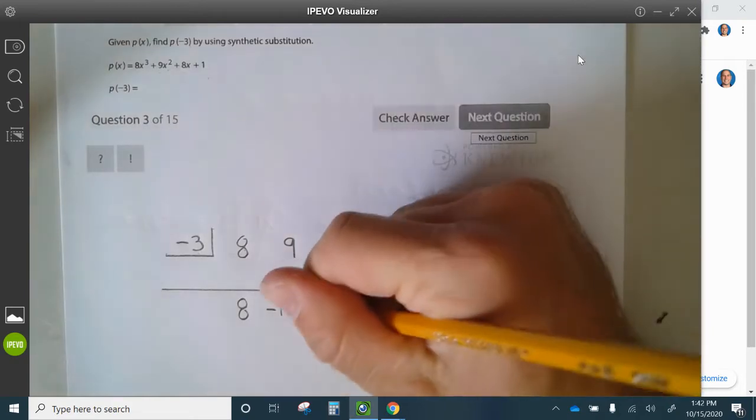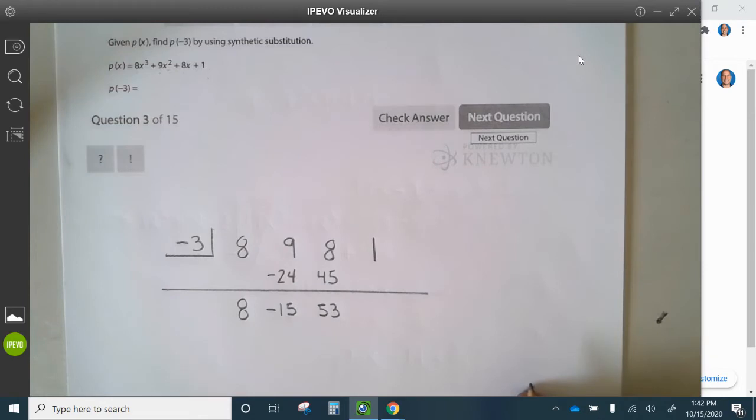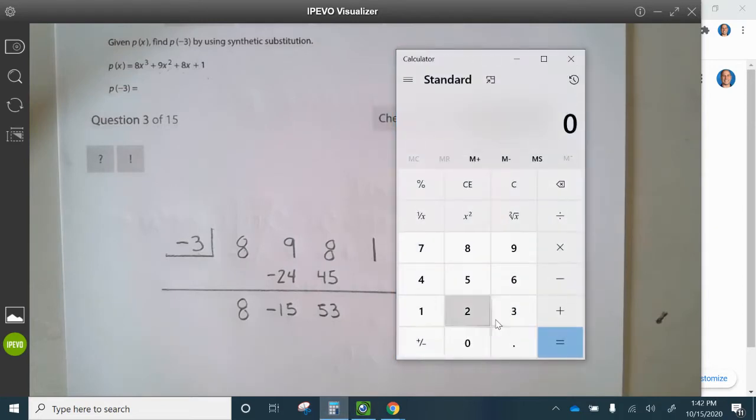So it's 53. And then negative 3 times 53, I want to say that's negative 159, but again, it doesn't hurt to use your calculator. So negative 3 times 53 is negative 159.